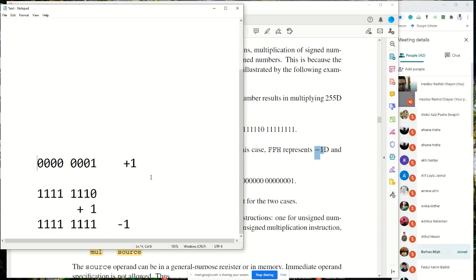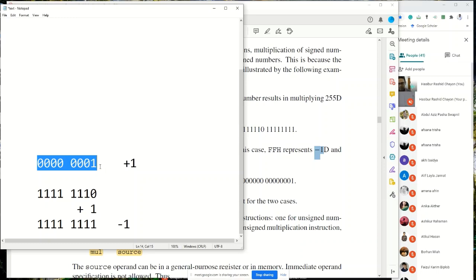We know that if you want to convert from a positive to a negative number, we have to express that value in 8-bit, 16-bit, or 32-bit form. In this case, our value is 1. So let's say this is 1, one bit, and we need to convert it into an 8-bit number. So we just add seven 0s before it. Now it is an 8-bit number.